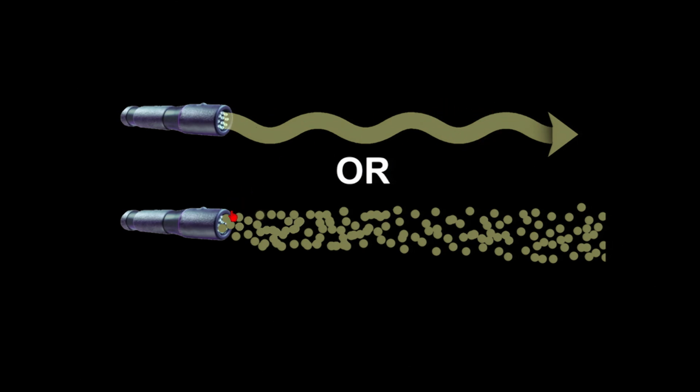Or we can think of light as a series of particles of energy. These particles are called photons, and these photons travel at the speed of light. The beam of light is essentially a combination of all these photons coming from the source. Remember that both of these descriptions are correct. Neither one is better than the other. Light can be thought of as a wave, or light can be thought of as a particle when it travels from one place to the other.